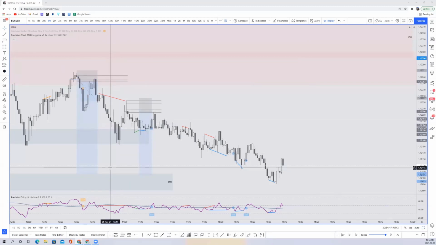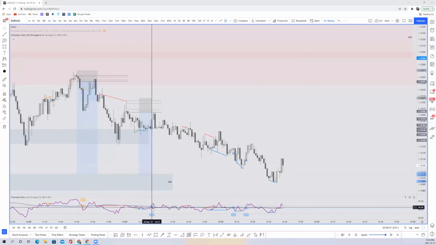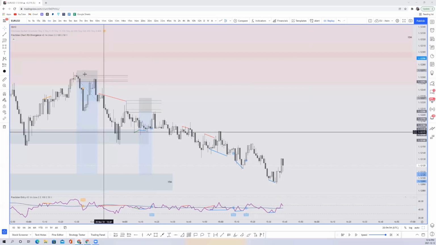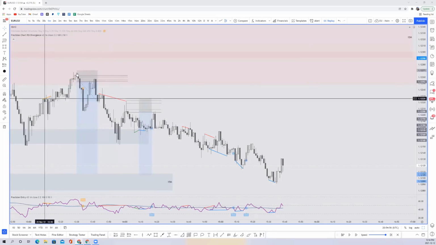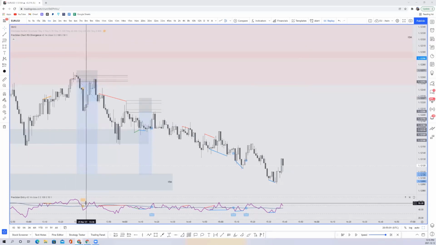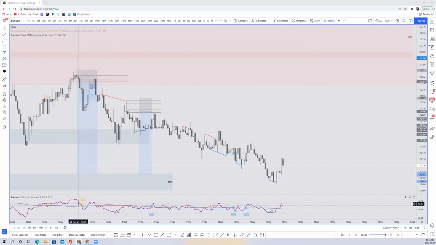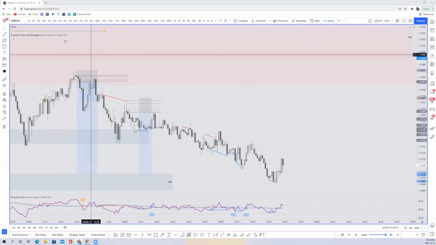Also, these dots only pop up if there was a divergence before an MA cross. If no divergence happened right here and the MA just crossed, you would have no dot. But even if the MA crossed and you didn't have a dot, that's still a trade confluence because momentum just crossed the MA line, right? And they're pretty adjustable.